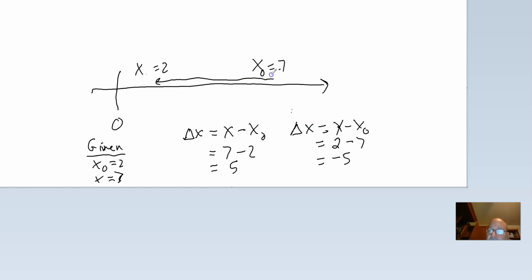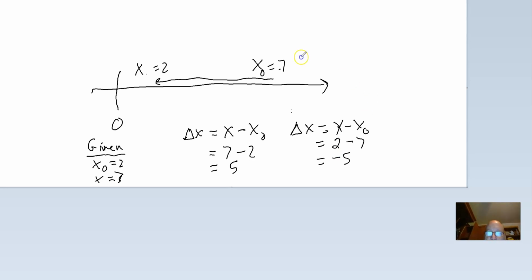On the diagram, I'm going from a position of 7 to 2, so I've gone -5 units. Okay, it's not a value of -5, it's a value of 5 in the negative direction. So let's make sure we always understand that.